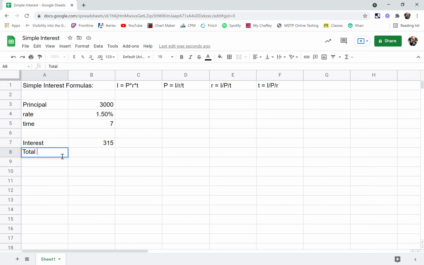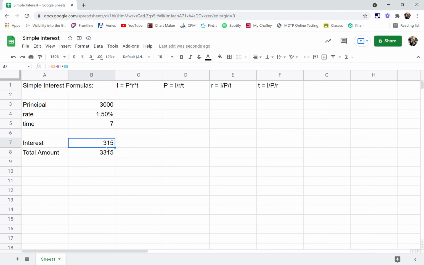If that's the case, what's the total amount in the account after that time? Well, the total amount is the principal plus the interest that we made after 7 years. There's our first section. Now, what's important is we do not want to touch these cells ever again.